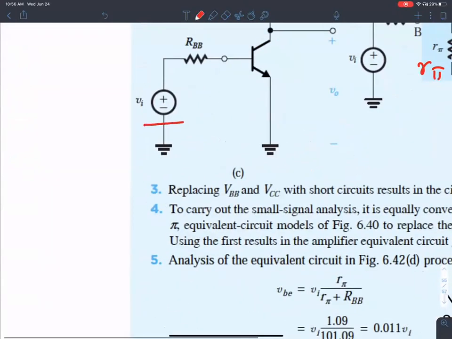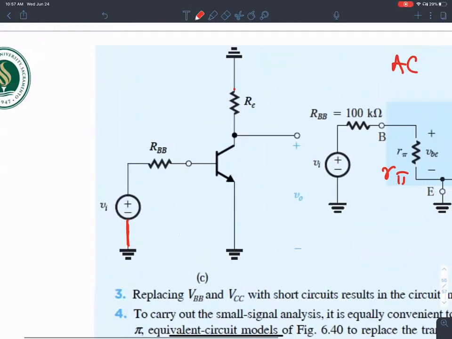Remember, there was a capital VBE over here, right? I simply deactivated it by replacing it with a short. Similarly, there was a VCC over there.